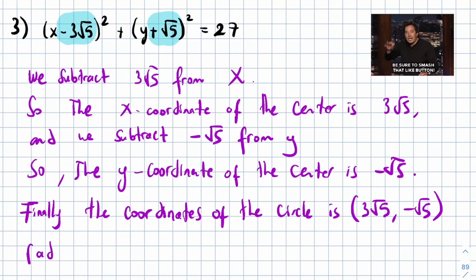Looking at the equation, r squared equals 27, and you can easily find that r is 3 root 7. It's up to you guys, you're going to find it by yourself.